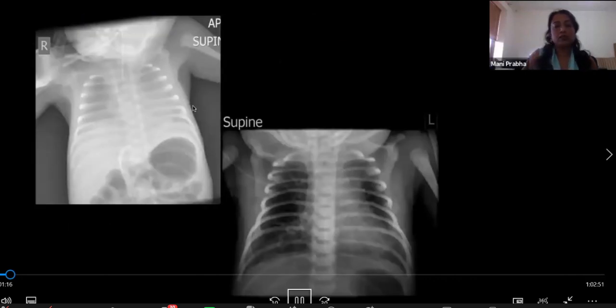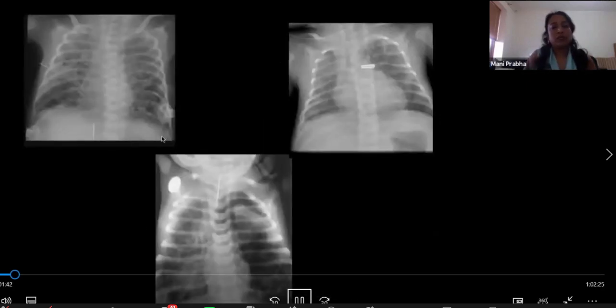So just comparing hyaline membrane disease with transient tachypnea of newborn, these are hypoinflated lungs and these are slightly hyperinflated lungs. There can be haziness, and here it can be streaky opacities or thickening of the fissures. Small pleural effusions can also be there.